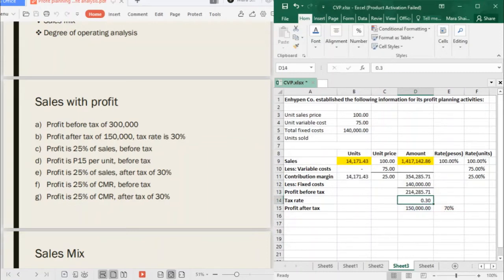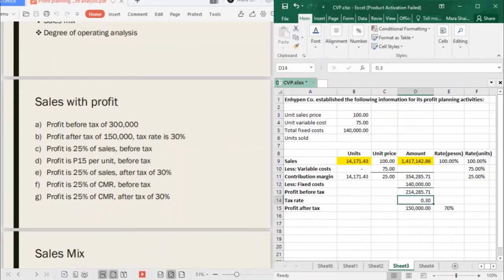So, there. Then, it is automatic. It is the same analysis as what we did at the very beginning. So the only difference is how you can determine your profit before tax.